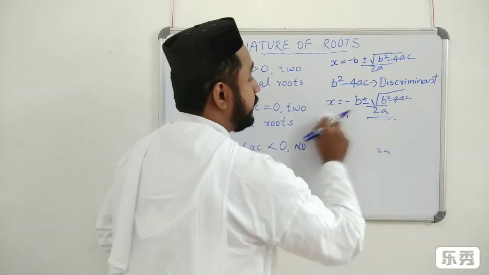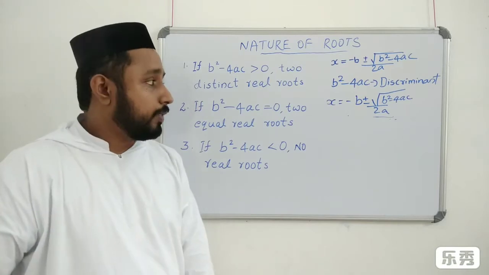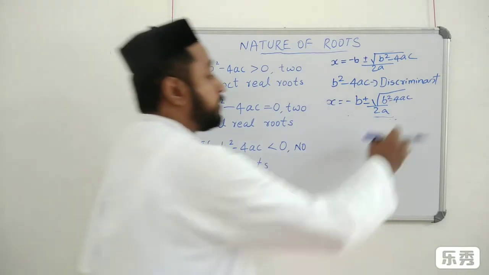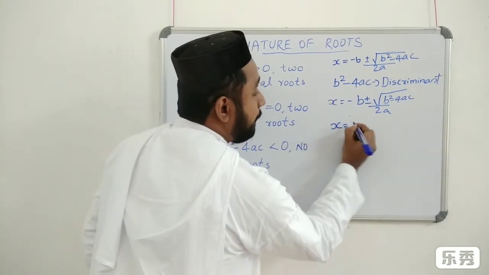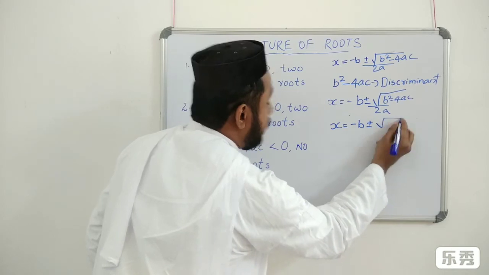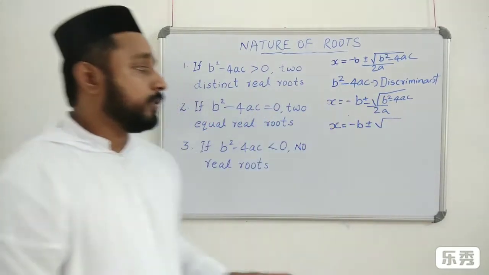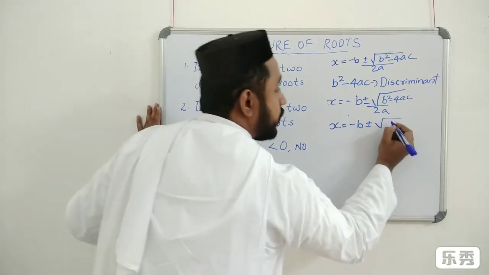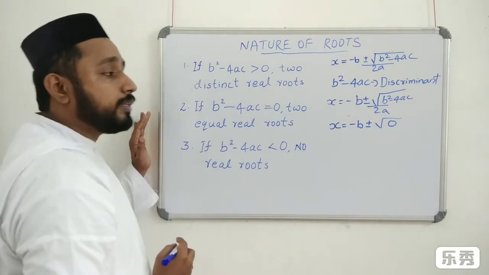The second condition is that if b² − 4ac = 0, then x = (−b ± √0) / 2a. Instead of b² − 4ac we write 0.